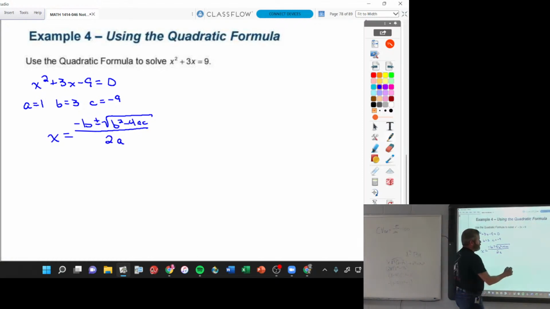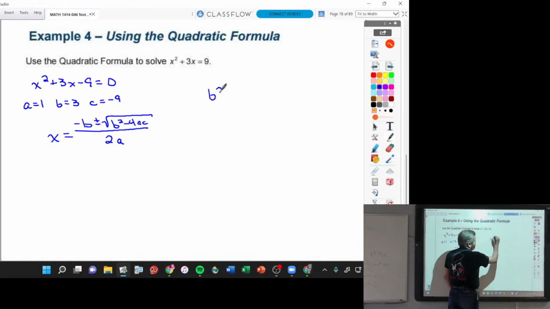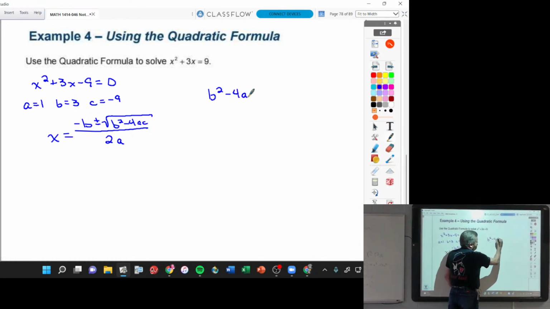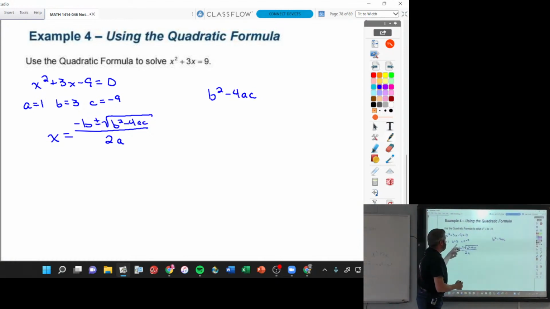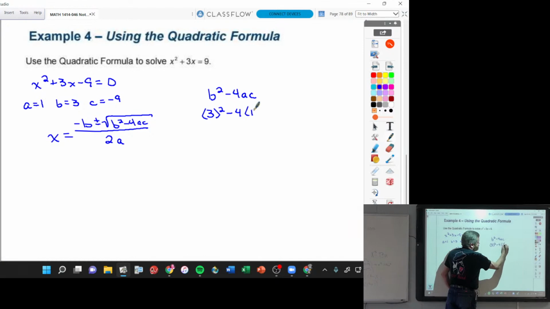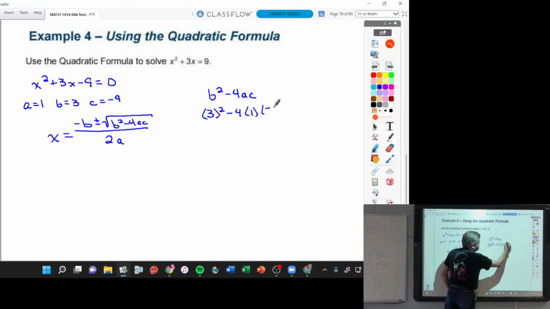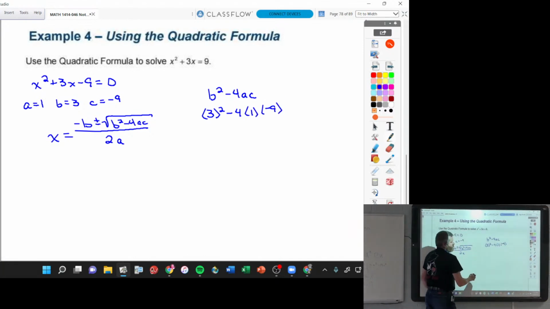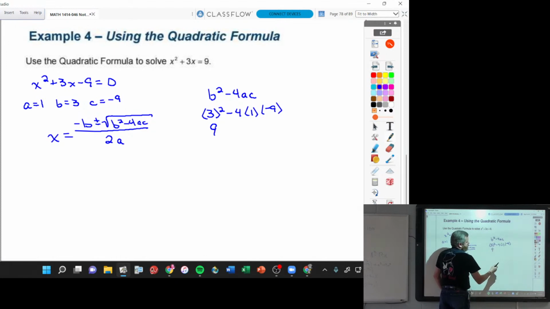And again, I will work the discriminant off to the side. b squared minus 4ac. b is 3 squared minus 4 times a, which is 1, times c, which is negative 9. 3 squared is 9. And then I have a negative 4 times 1, which is negative 4. Negative 4 times negative 9 is plus 36. And 36 plus 9 is 45.